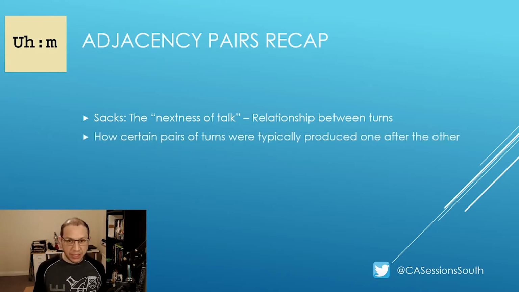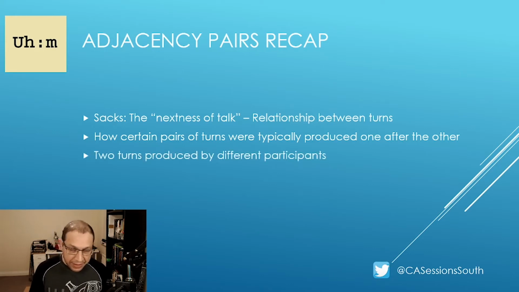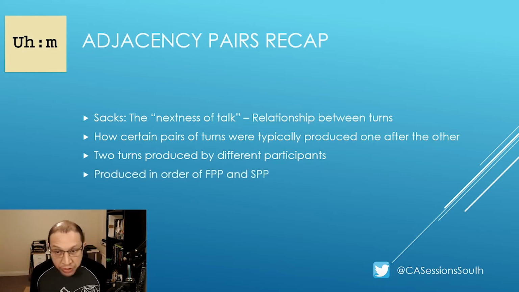In this noticing, Sacks described how certain pairs of turns seem to be typically produced one after the other. And this led to the concept of the adjacency pair, 2 turns produced by different participants that are normatively related. These pairs are then produced in a particular order of a first pair part followed by a second pair part.